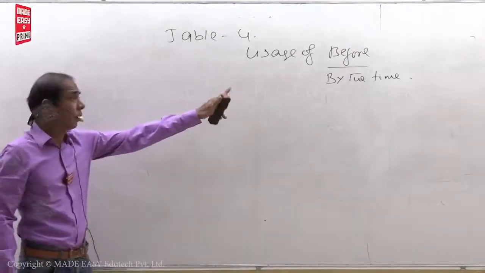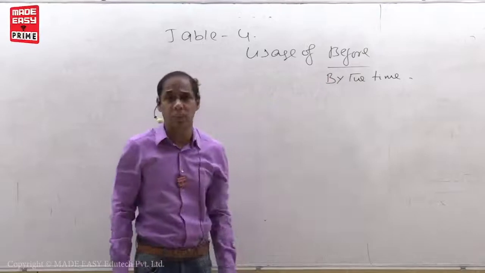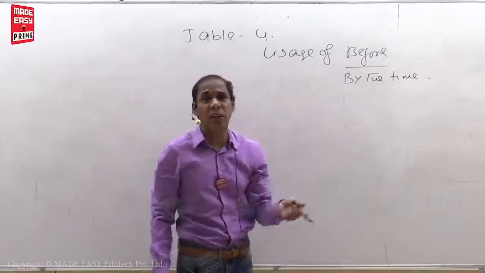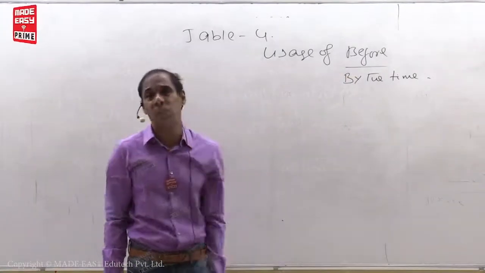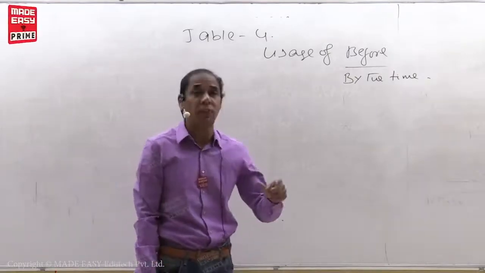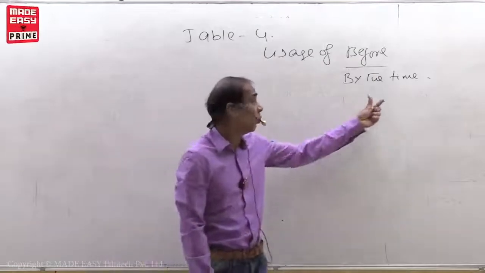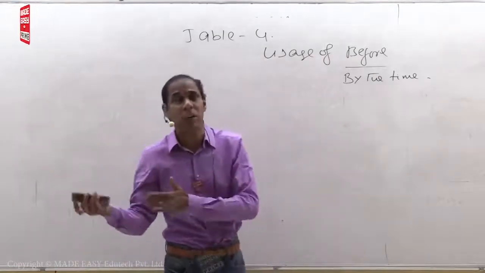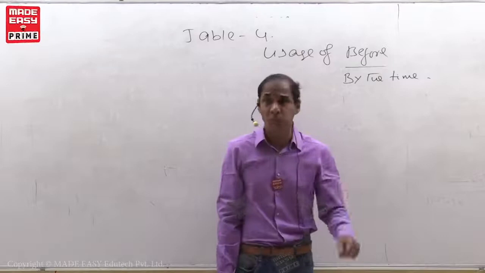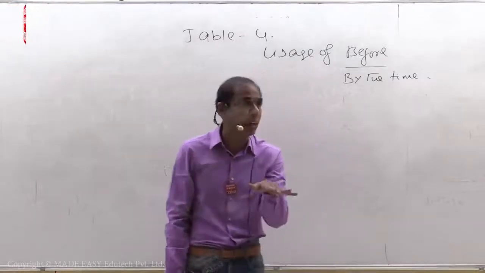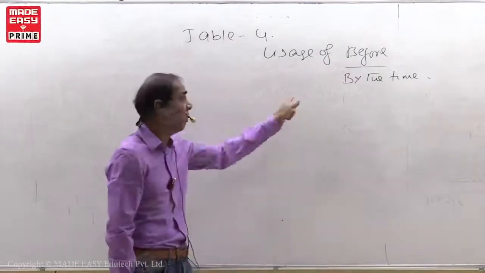Most important table, because these two words are most dangerous. Because these two words will come in past perfect as well as future perfect. Students are getting a lot of confusion with the usage of these two words. When they are finding any one of these two words in a sentence, is it past perfect or is it future perfect? Students are getting confusion. So to avoid the confusion, I strongly believe this is the best table.